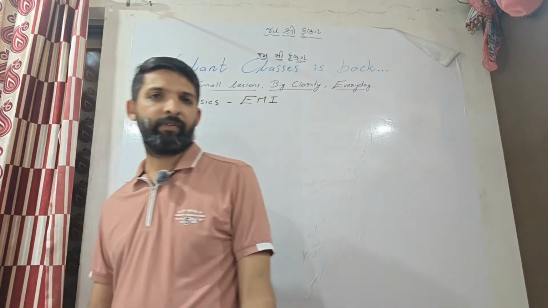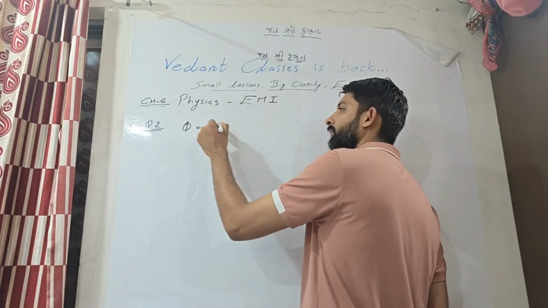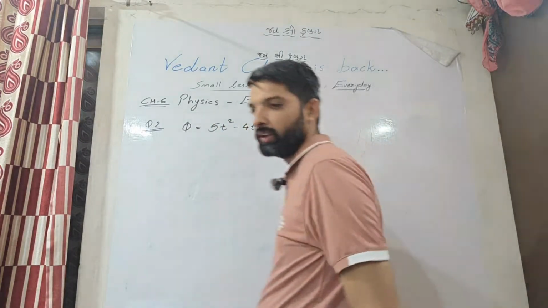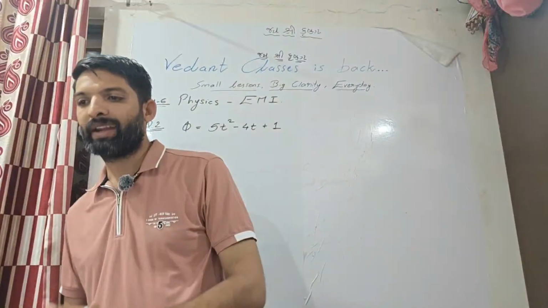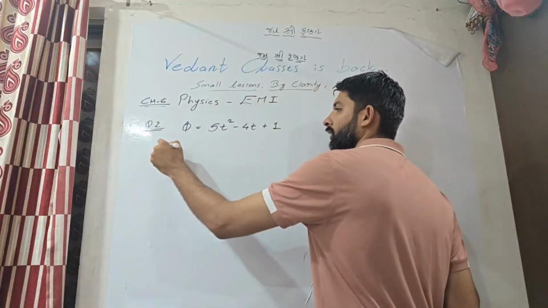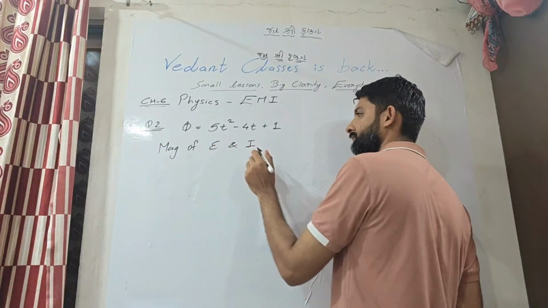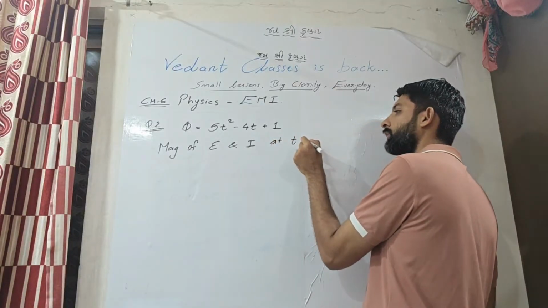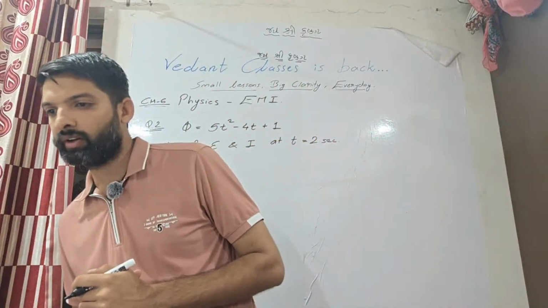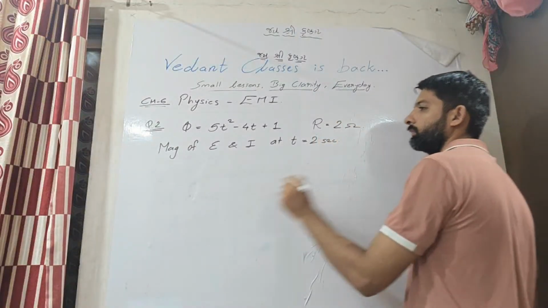In this one, time varying magnetic flux is given: 5t square minus 4t plus 1. So you have to find the magnitude of induced EMF and induced current at t equal to 2 seconds. Resistance is given 2 ohm.